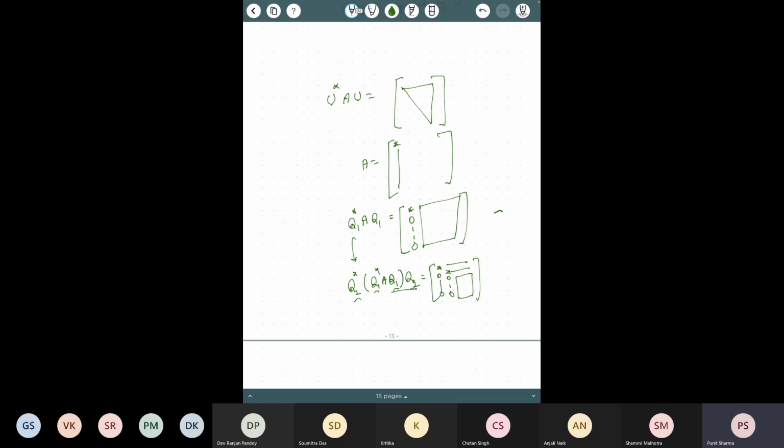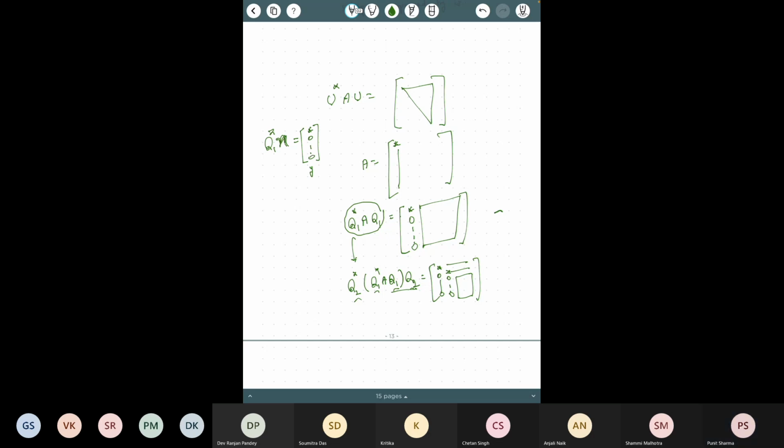Now, as I mentioned, the one important step here is to create zeros in a matrix. The important thing is to find this Q1 such that Q1 star A Q1 gives me zeros. Or you try to find Q1 such that Q1 star x, where x is the first column of A, gives a y of this form: the first entry is not 0 and the other entries are 0.